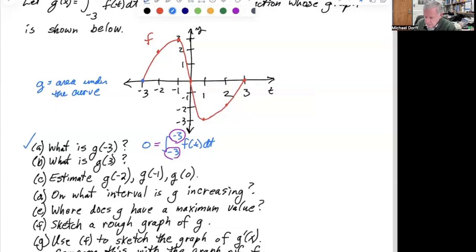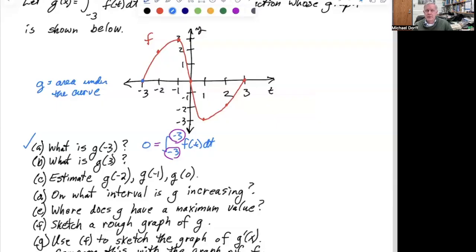All right, that's letter A. How about letter B? What is g of 3? So again, g is the area under the curve. If I look at those two curves there, I'm going from -3 to 3. From -3 to 0, I've got that red curve that's above the x-axis, and from 0 to 3, I've got the red curve under the x-axis. They're supposed to represent basically the same image, just kind of rotated.